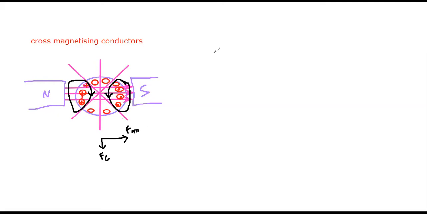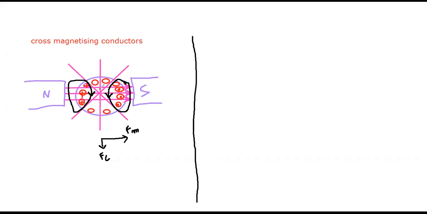Now we are going to derive the equation for the cross magnetization conductors. It is a little bit of mathematics which is going to be involved here. We already calculated the value of the demagnetization conductors.